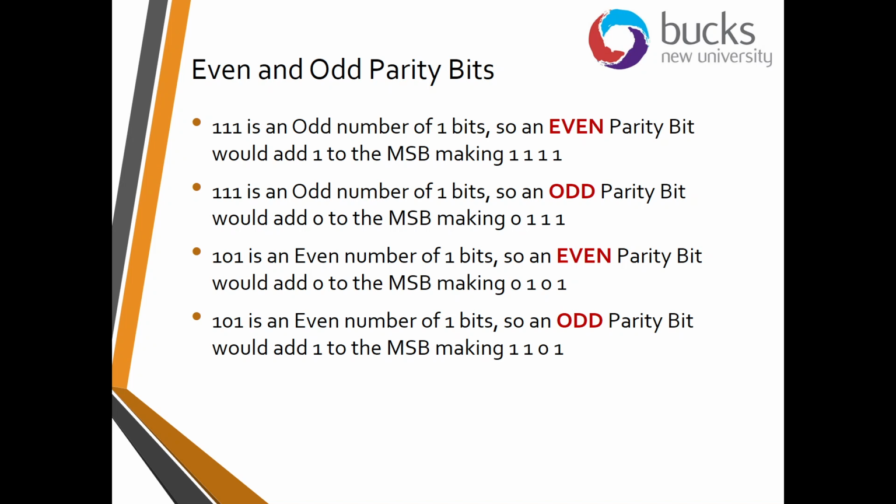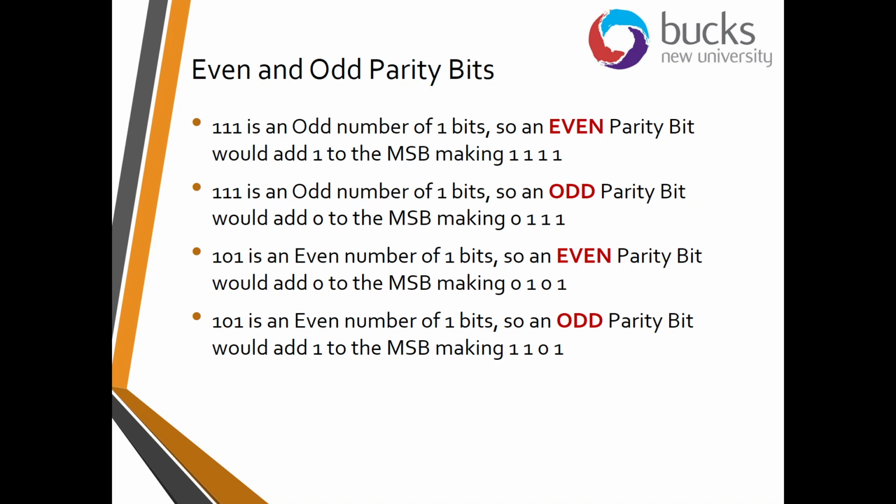And we're adding this parity bit into the most significant bit position, which is the far left of the data. So the most significant bit, the MSB, is being added to give that parity check. So in the first example it's 1, in the second example it's 0, whether you're using an even or odd system.